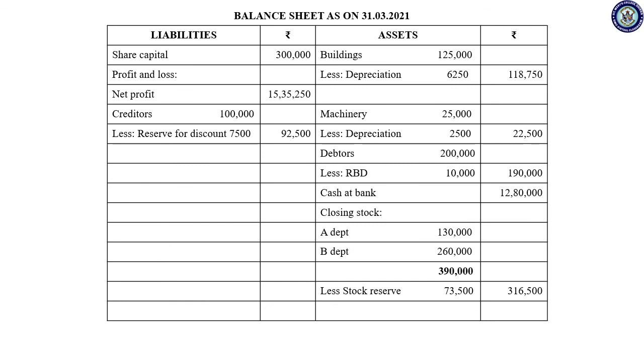So the rule is the closing stock to be shown at cost price. So we deduct the stock reserve from the closing stock. So this point you have to keep in mind, that is the stock reserve to be deducted from the total closing stock. Okay, now we do the total, your balance sheet will tally.